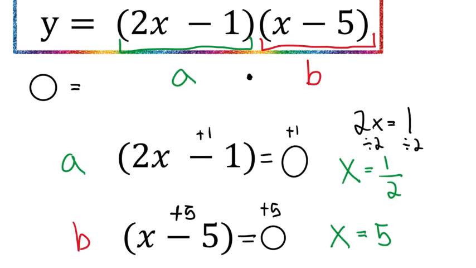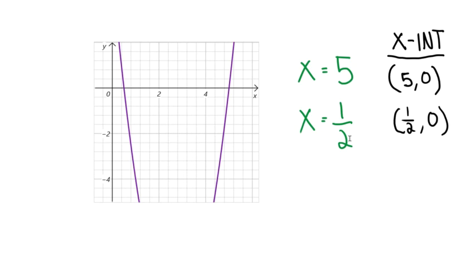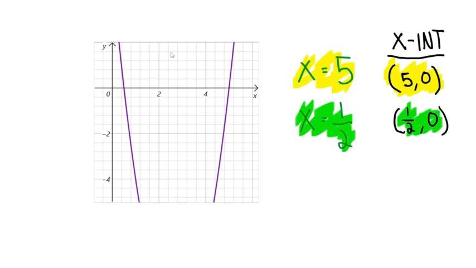So now we have our two x-intercepts. Of x equals 5 is one of our x-intercepts, and it's written as 5, 0, because 0 was our y. And we have our second x-intercept of x equals 1/2, and 1/2, 0 is also our intercept.